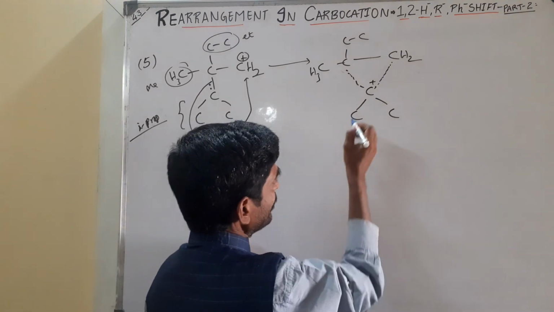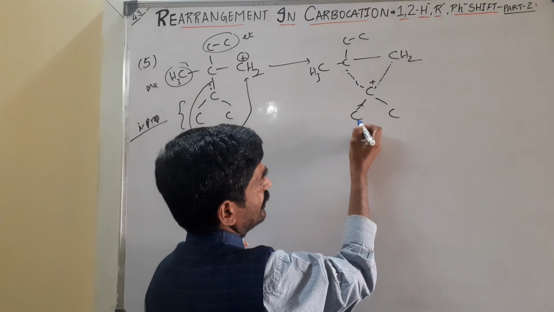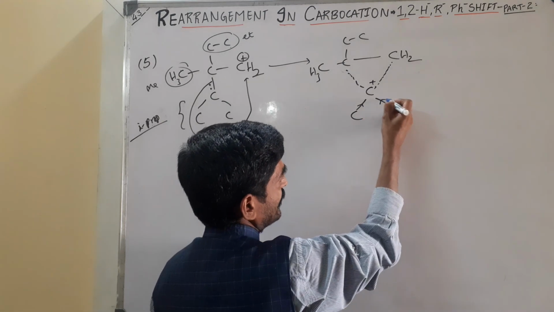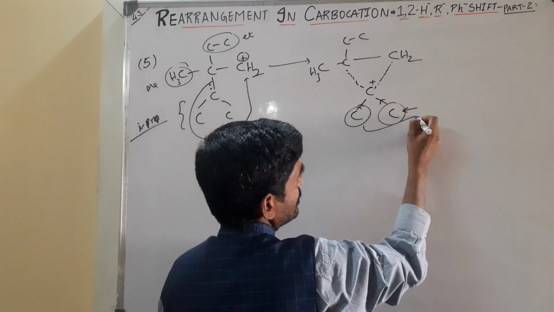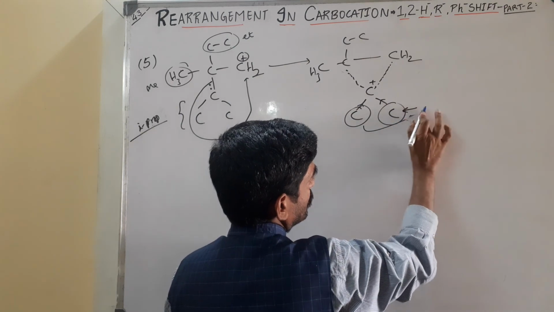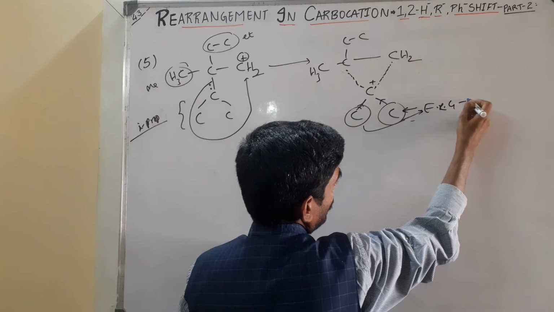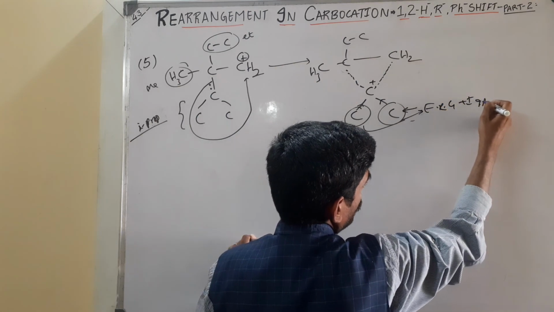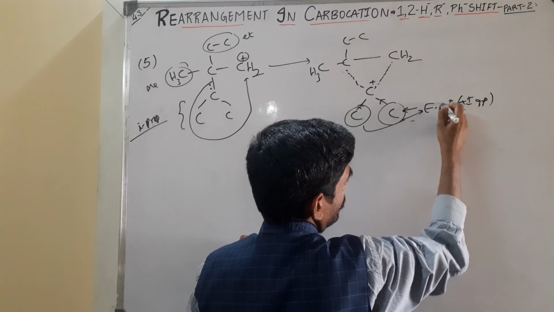Now this carbon is getting electron density from this. This is a methyl group, and this is also a methyl group. You know, these methyl groups are electron releasing groups. They are positive inductive groups, so they release electrons.